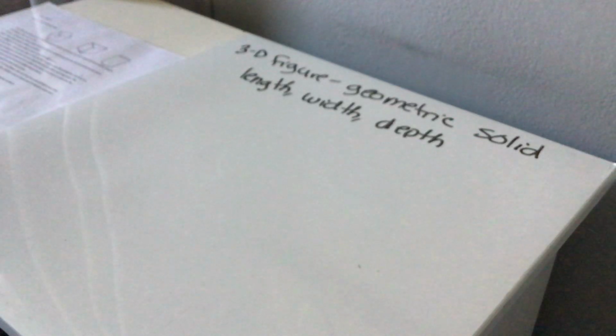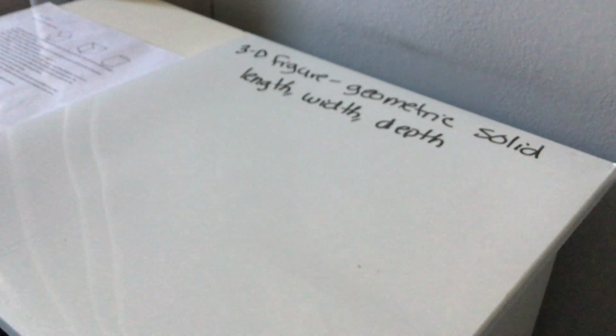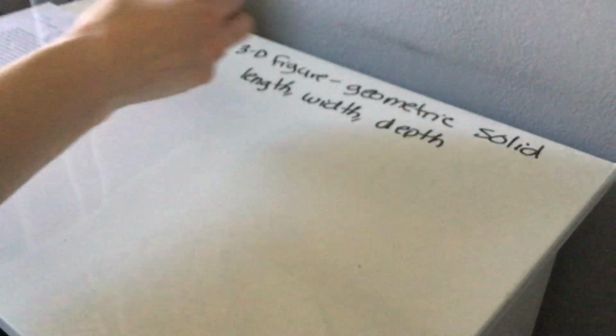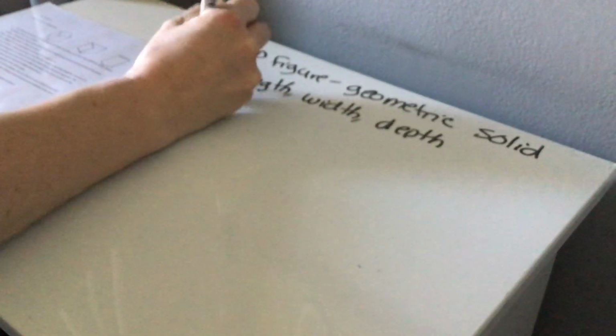So, a polygon, if you remember, is a closed figure made up of line segments. Then we have something called a polyhedron.